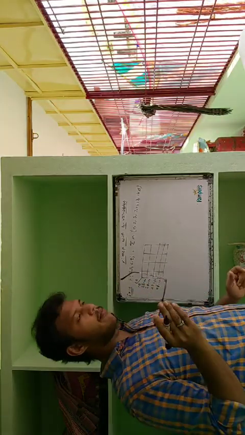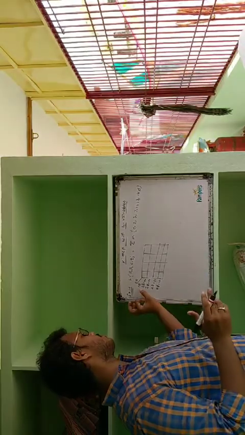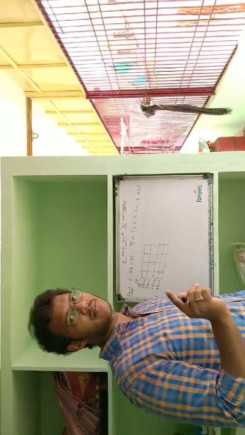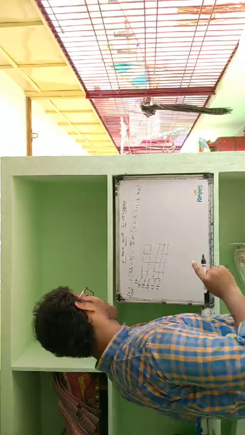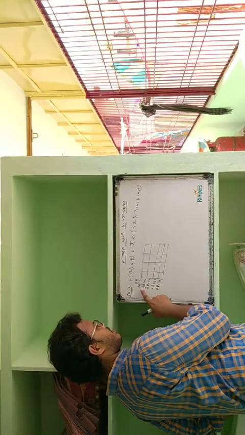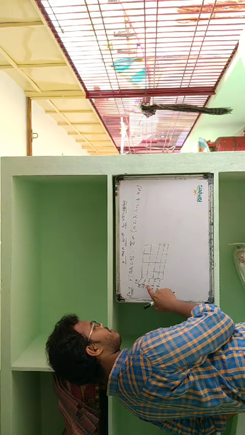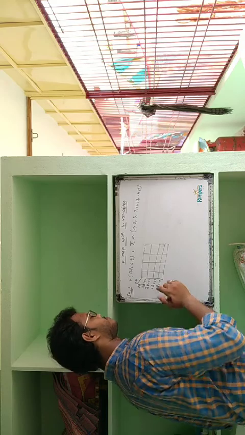So in K-map, we have to remember one more thing: for adjacent cells, one variable should vary. The first one is 0, 0, A bar, B bar, and for adjacent cells one variable should vary.